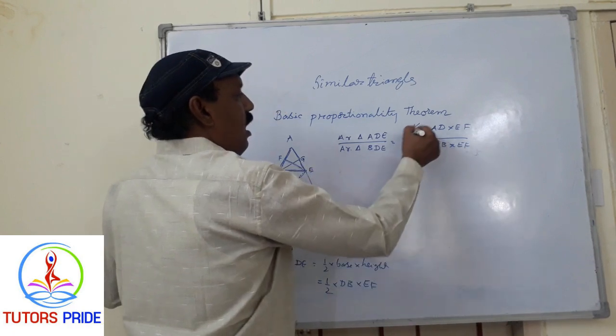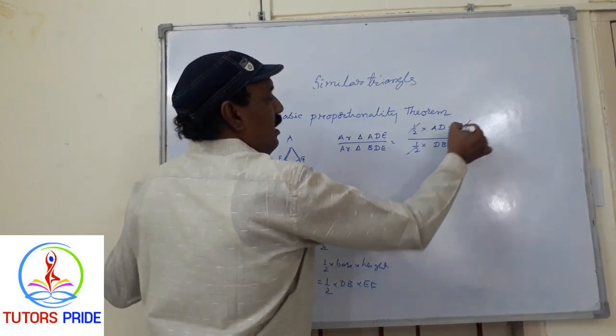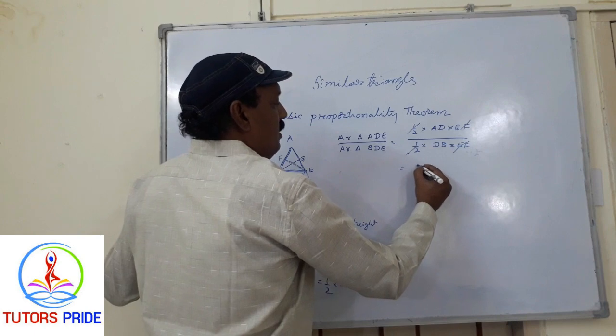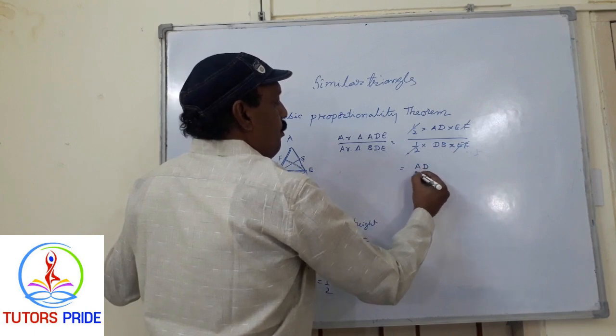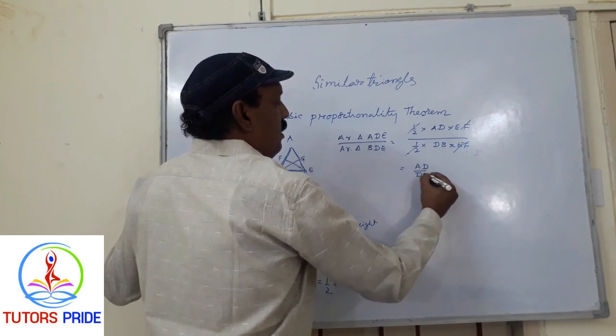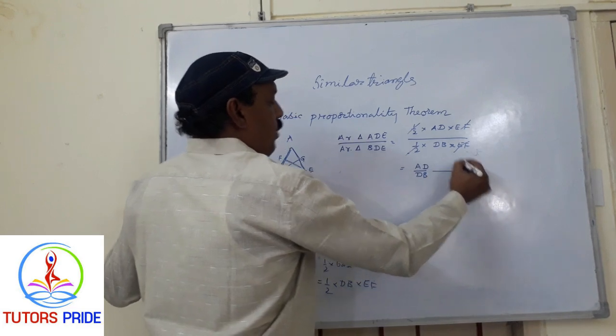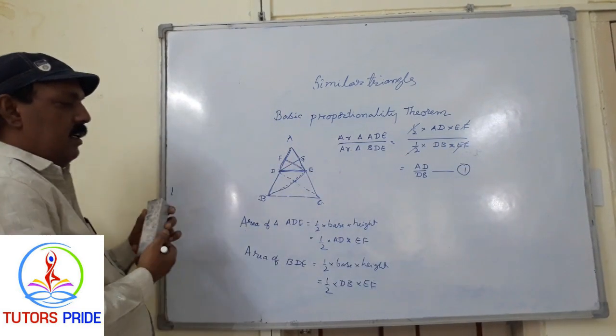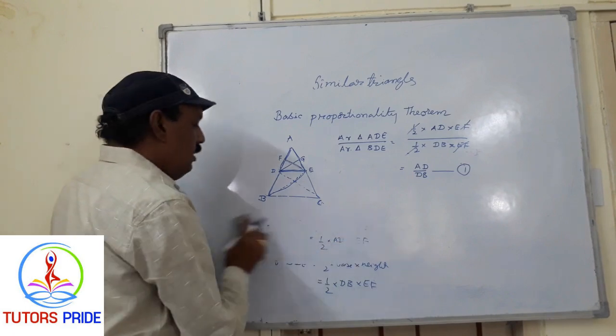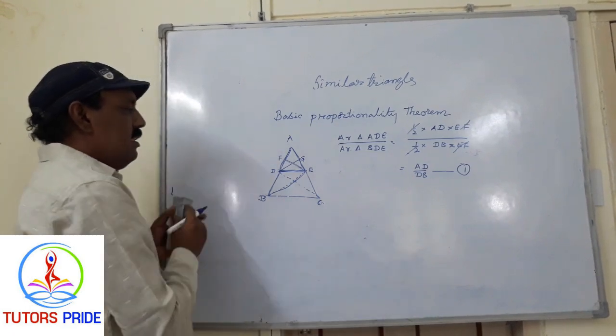Here the half and EF get cancelled, and what is left over is AD by DB. Consider this equation 1, and now we take another two triangles.